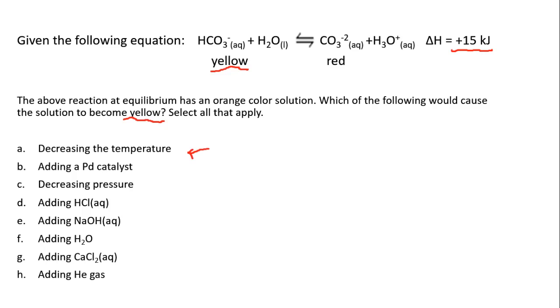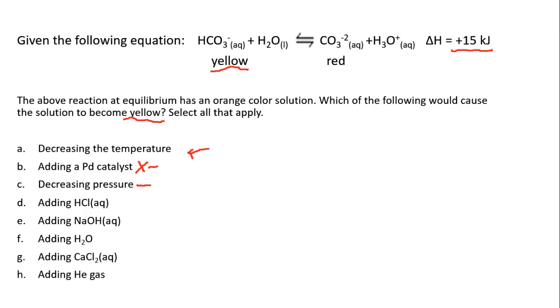Next is adding a palladium catalyst. Catalysts do not affect equilibrium, so no change. Decreasing the pressure only matters if there are moles of gas present. But in this equation, there are no moles of gas, so there's no change in equilibrium.